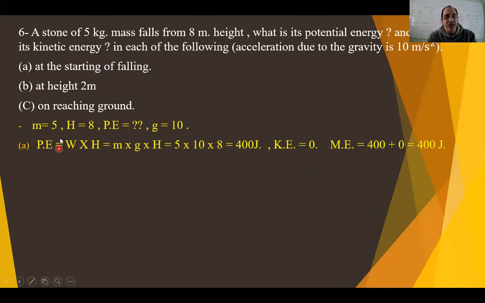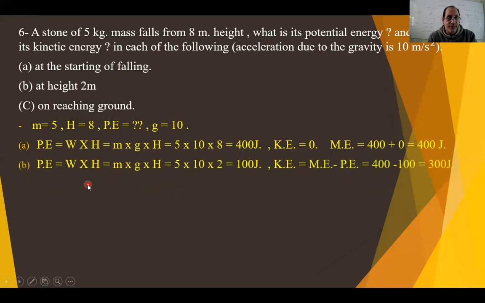In the second case, at 2 meters, the potential will be 5 times gravity, the same 10, but the height here is 2 instead of 8. It means that it is 100. What about the kinetic energy? We knew that the mechanical energy is kinetic plus potential. So I have 100 joule potential, and I know that the mechanical is 400.